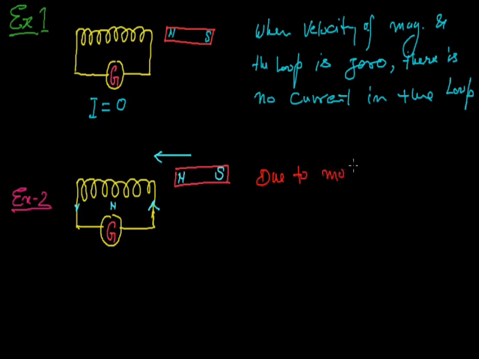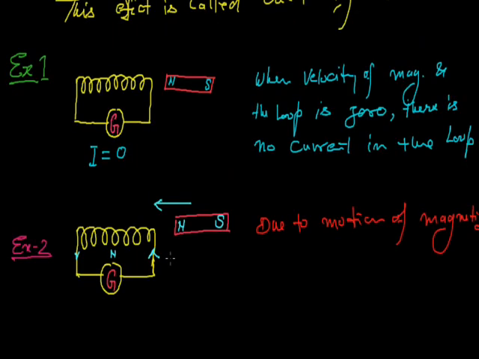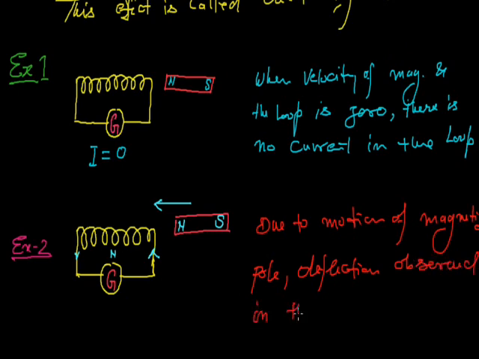Due to motion of the magnetic pole, deflection is observed in the galvanometer.